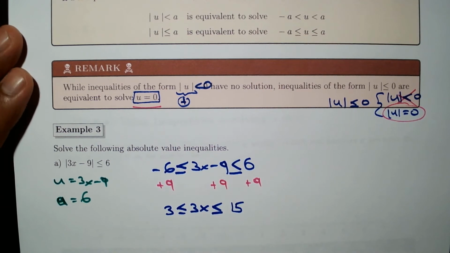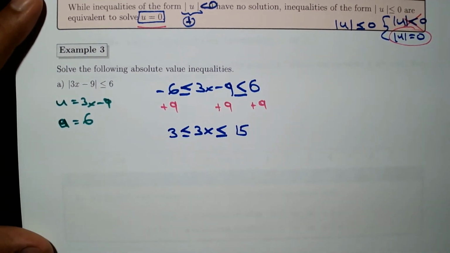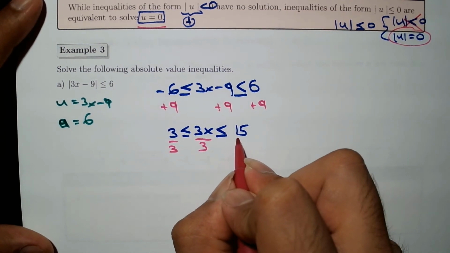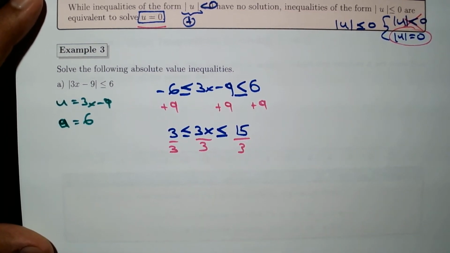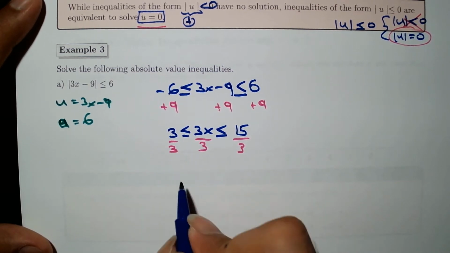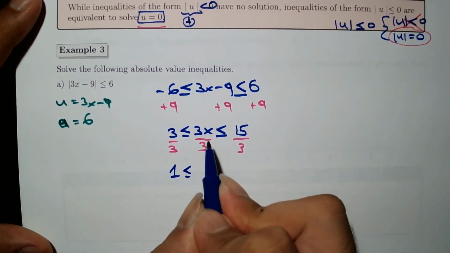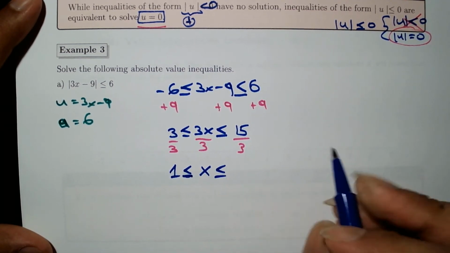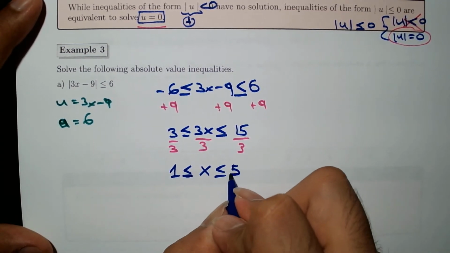Now in order to get the x by itself in the middle, divide all 3 sides by 3. 3 divided by 3 is 1, and that's also just x, and 15 divided by 3 is 5.